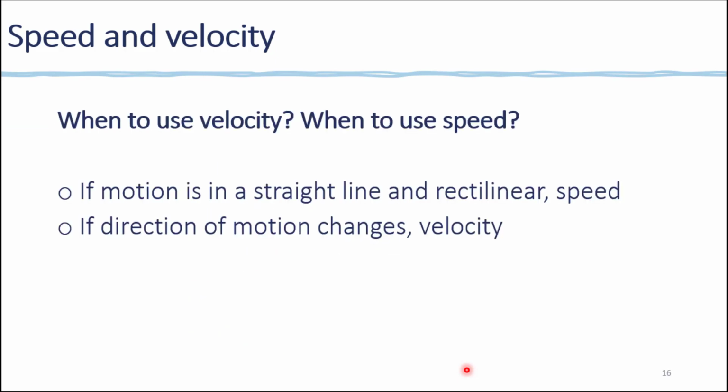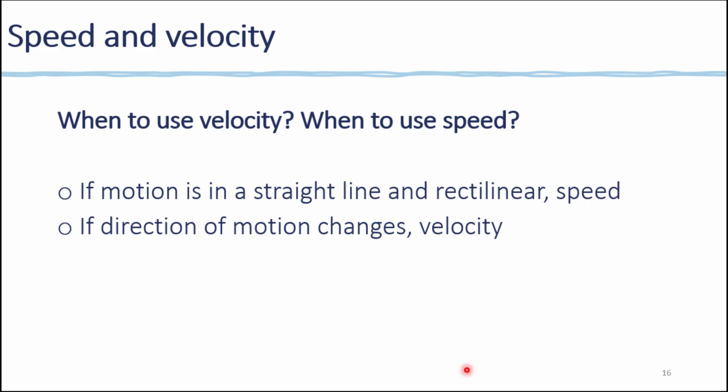Okay, so in the 100-meter sprint, both speed and velocity would be good descriptors because the race is just in a straight line. The runner's speed and the magnitude of the velocity towards the finish line would be the same. However, if we think of an activity in which the direction of the motion changes, then speed and velocity are no longer the same.